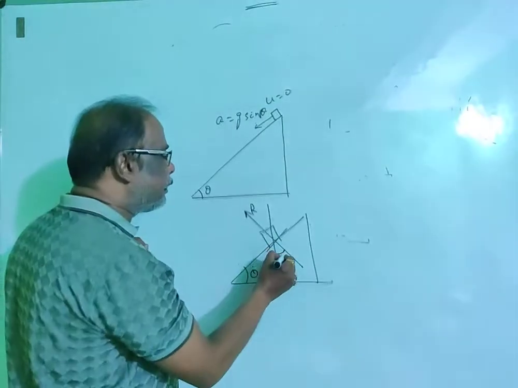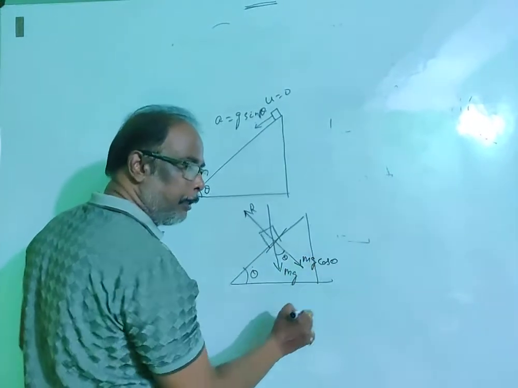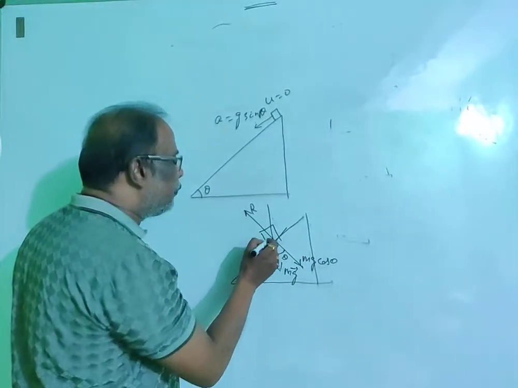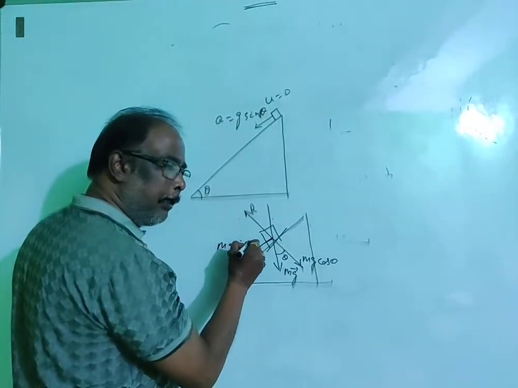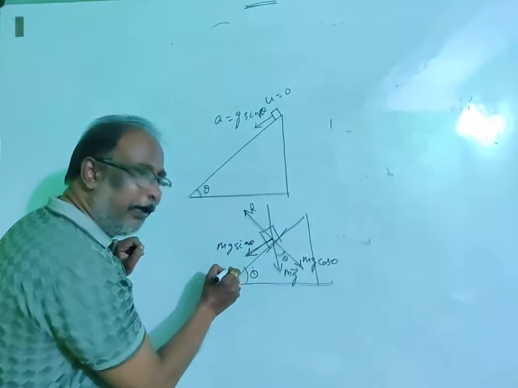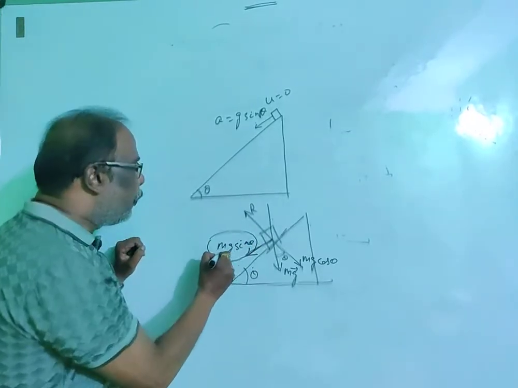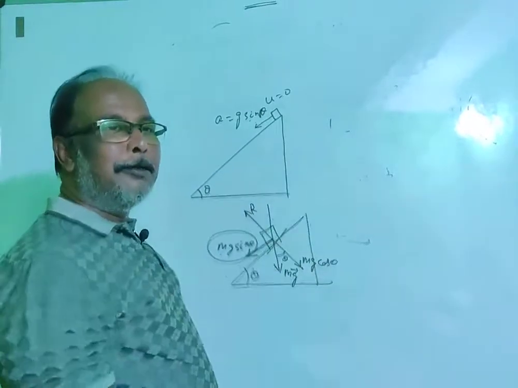This angle is theta. This component is mg cos theta, and the other rectangular component parallel to the plane is mg sin theta. So the force acting on the body in the downward direction is mg sin theta. Force divided by mass is acceleration, so acceleration is g sin theta.